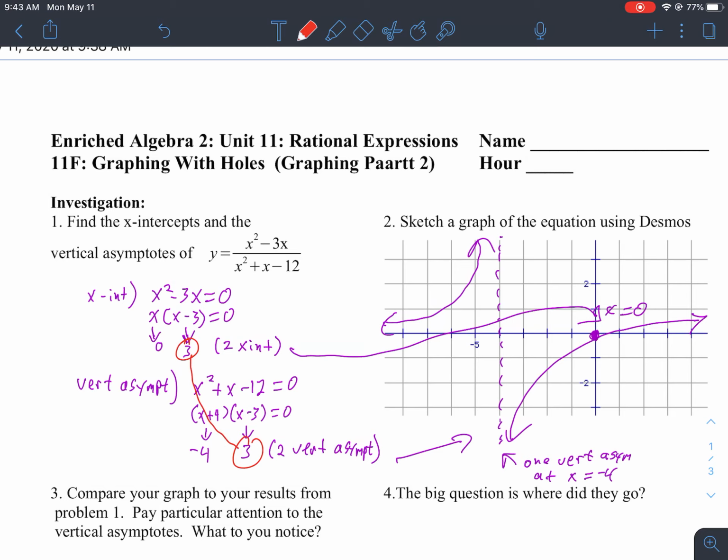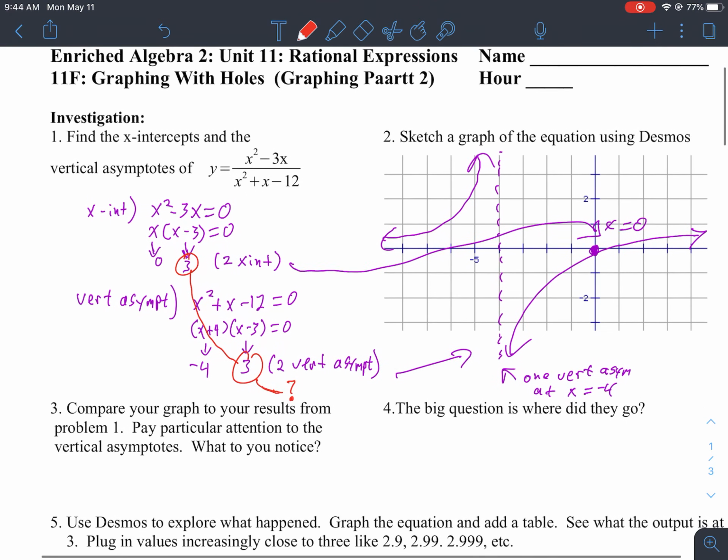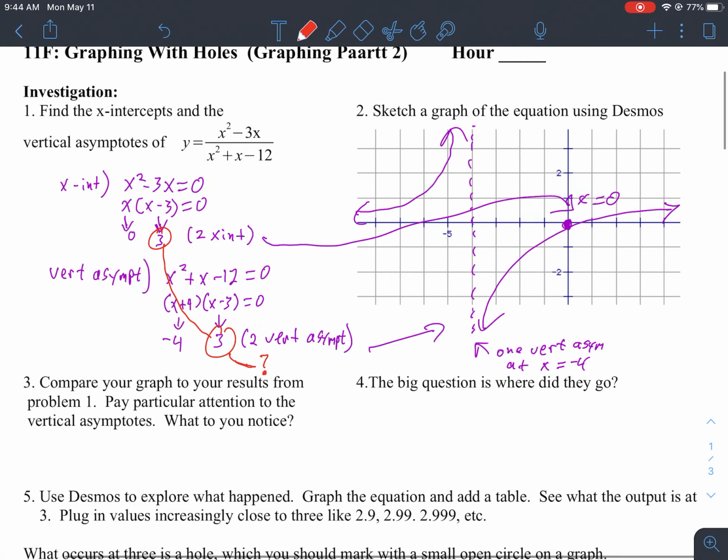And strangely, these are the same number. Coincidence? I think not. Because they're the same, they kind of cancel each other. Where did they go? So what do we notice?